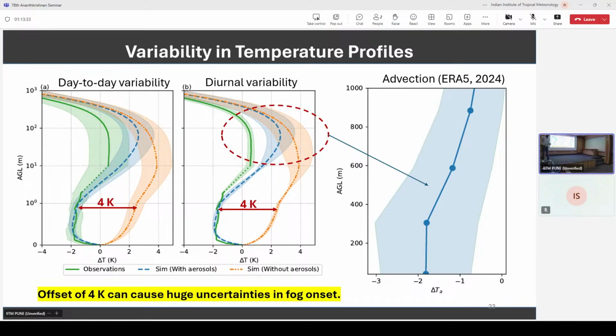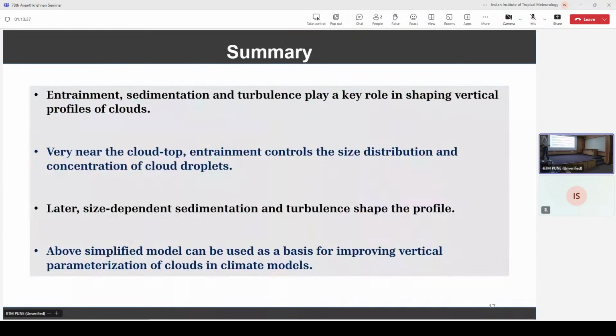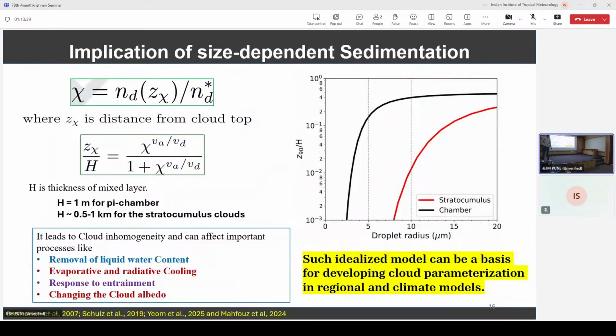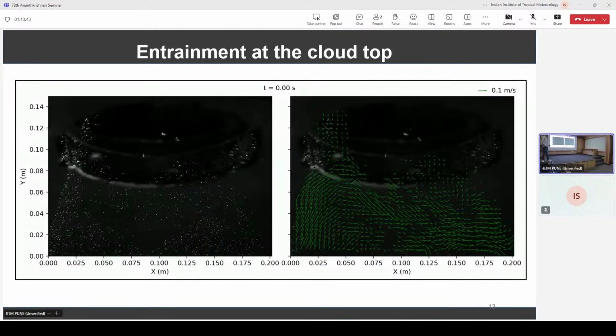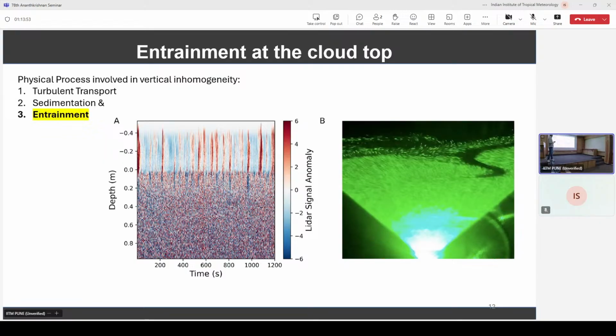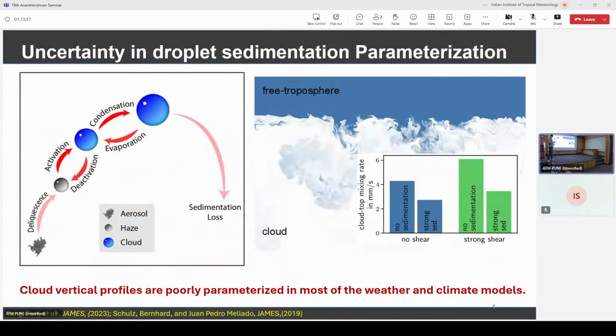Now, your first talk. I have a couple of questions on this past talk. What you are talking about is the particle parameterization of the cloud. What do you mean by the particle parameterization? Okay, so especially in most of the climate models, they take a very simplified approach. The sedimentation part is poorly parameterized.